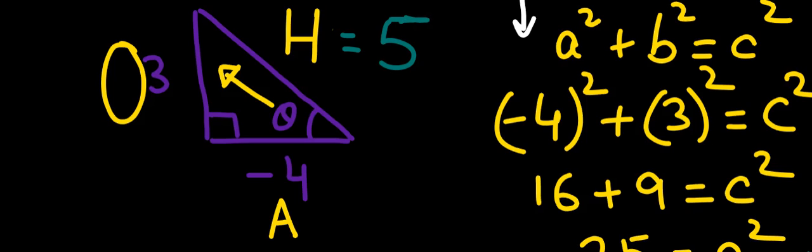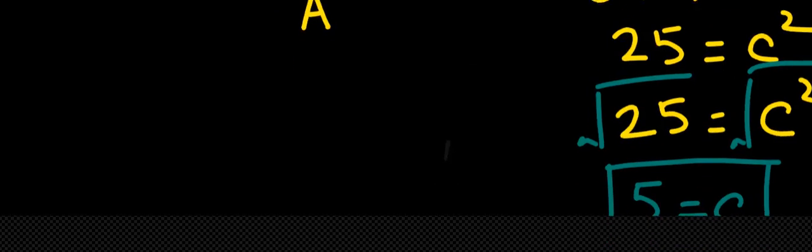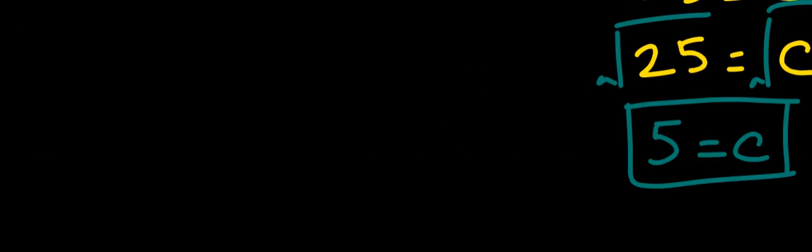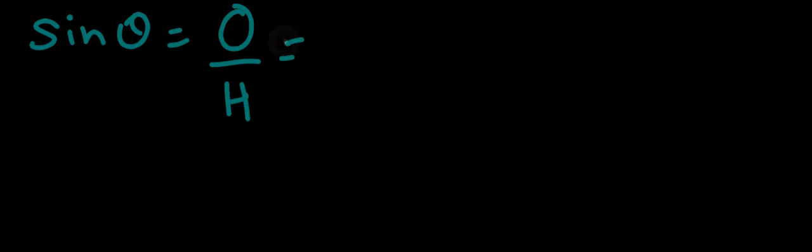Now that we have this right triangle, it's going to be very easy. We are going to start finding the sine, cos, and tan. So let's start. I'm going to write sine theta equals opposite over hypotenuse, that's equal to 3 over 5.